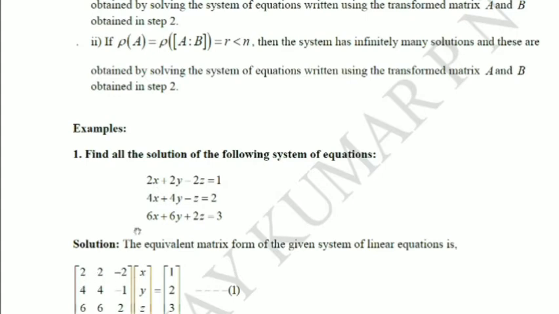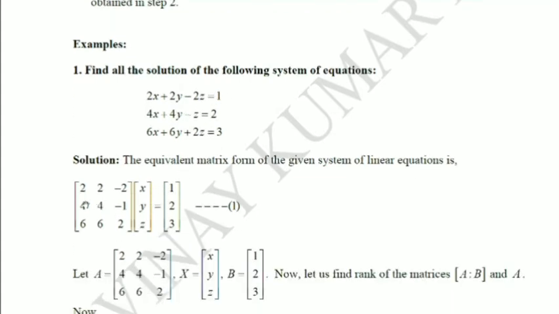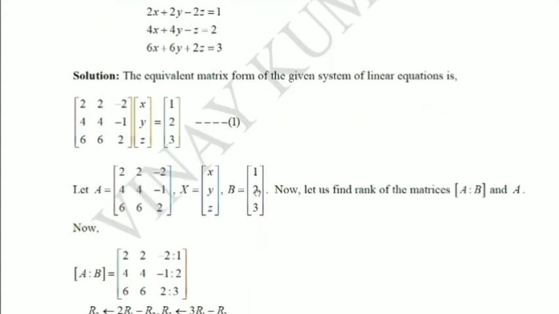First row into first column gives you the first equation: 2 into x plus 2 into y minus 2 into z equals 1. Similarly, second and third. And the constant matrix is 1, 2, 3. As usual, we call this A, this x, and this B. Now let us find the rank of A augmented with B, so augment 1, 2, 3 as an extra column.